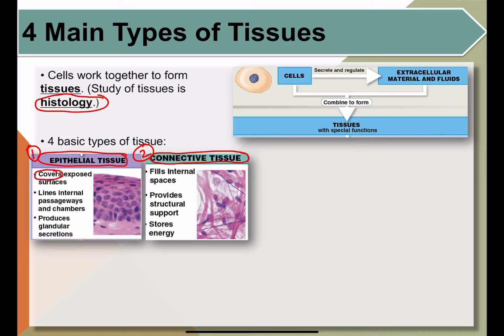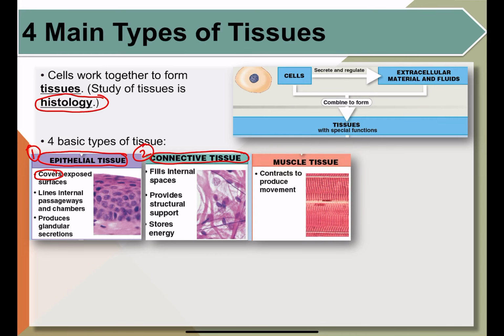Other than packaging and filling the internal spaces, it provides structural support and even other functions like storing energy. That's why this is the most diverse group of tissues: some of them are structural, some are package, some are even for distributing nutrients. So we'll talk about all those different types of connective tissue.